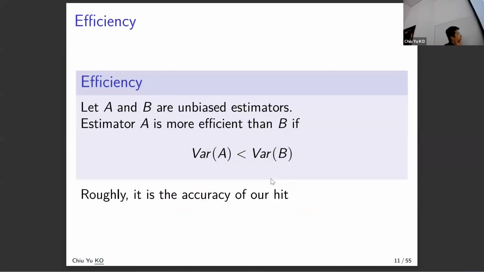So the next one is called efficiency. I have two estimators, both unbiased, meaning on average they hit the target. Which one to pick? I pick the one with smaller variance. The one with smaller variance is efficient, and that is the accuracy of our hit.